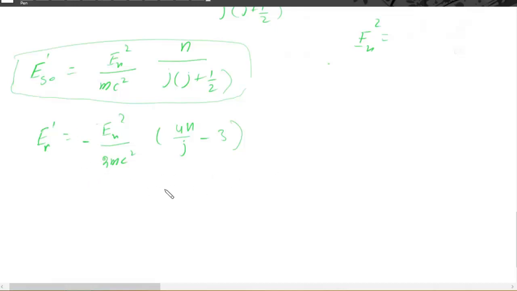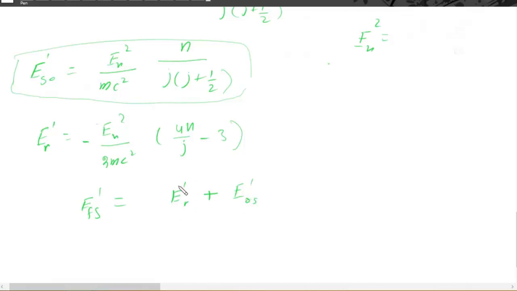Now the total fine structure correction is equal to, this is the fine structure first order energy, equal to E1R plus the spin orbit coupling one.